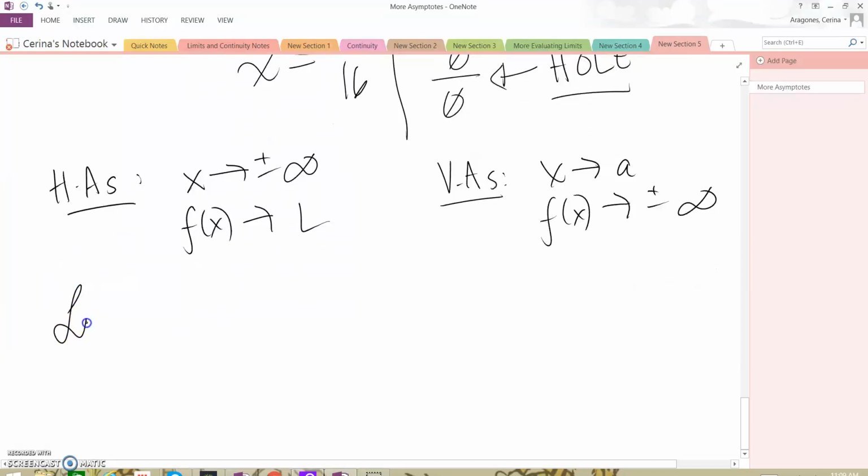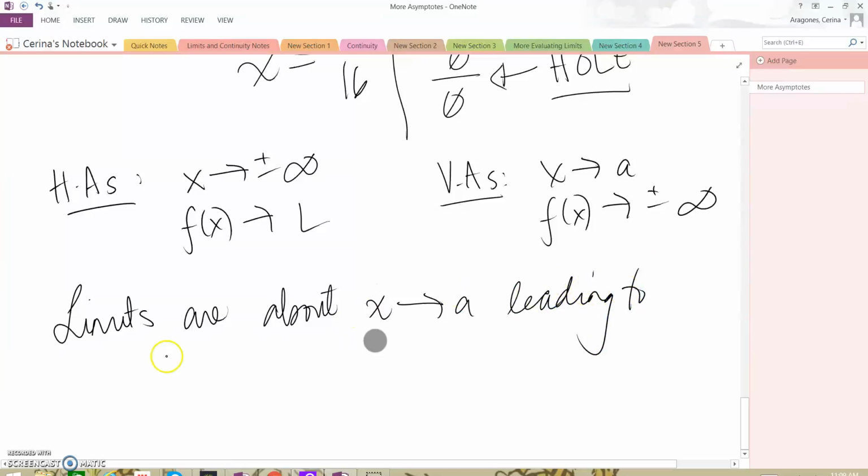And limits are all about x approaching some value leading to f of x approaching some value. So this is why we very much care about where we are going when x is approaching plus or minus infinity, or what can make f of x approach plus or minus infinity.